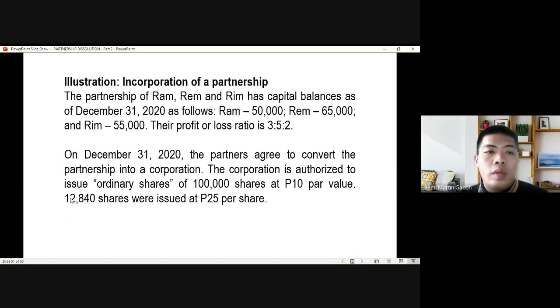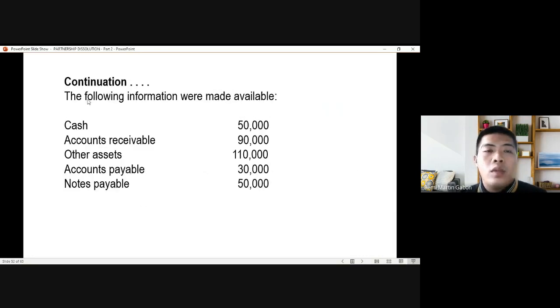So 12,840 shares were issued at 25 pesos per share. Medyo hindi nyo to magigets ng konti, pero just follow me on how we're going to solve and account for this problem. To continue, the following information was made available.